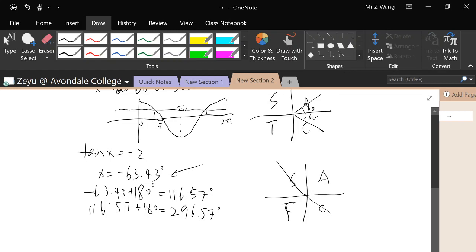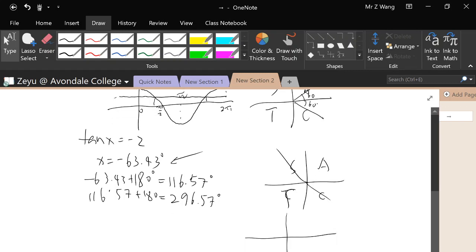And then graphically speaking, some people might ask, why do we press the calculator and end up with a negative degree? Okay, so this is why. Remember, we have to calculate x as tangent inverse negative 2. This is an inverse function, which means you can only find the inverse function if it's a one-to-one function.